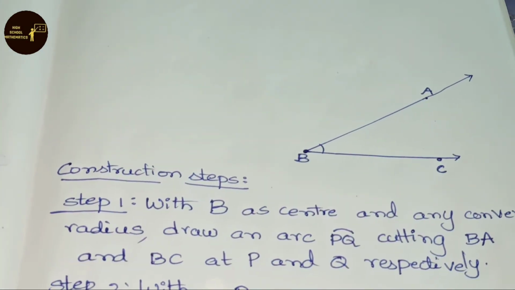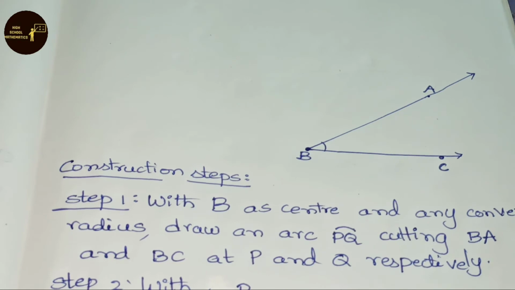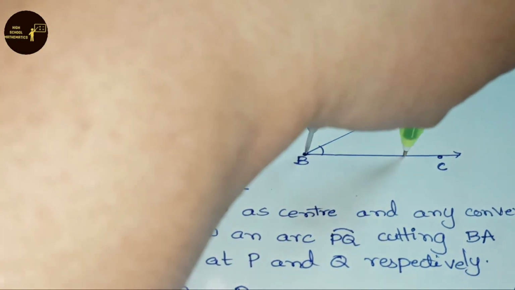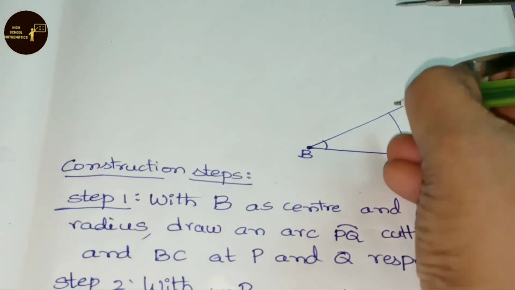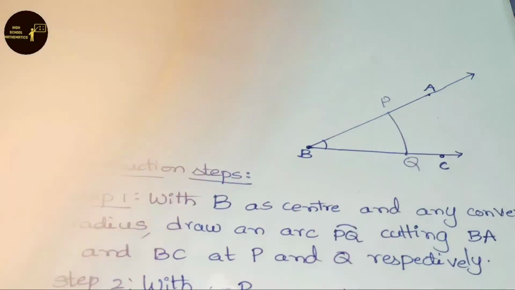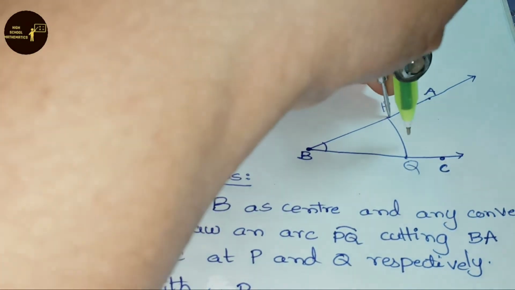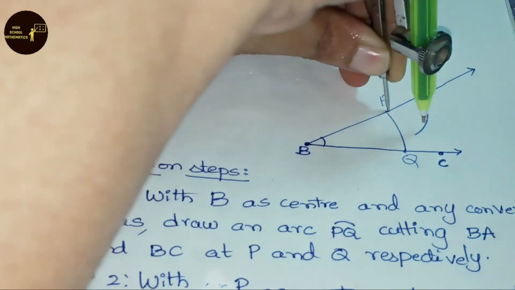See now question number 4. We have copied the sum. See here, with B as center and convenient radius, we are going to draw an arc PQ cutting BA. Now more than half radius, we are going to draw arc in the interior of angle ABC.